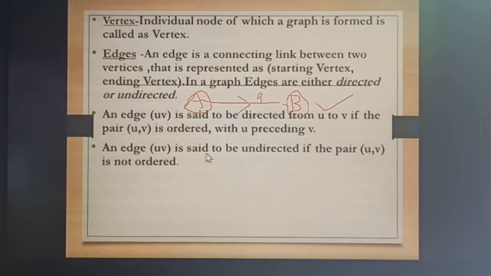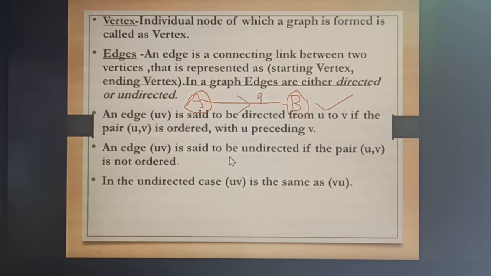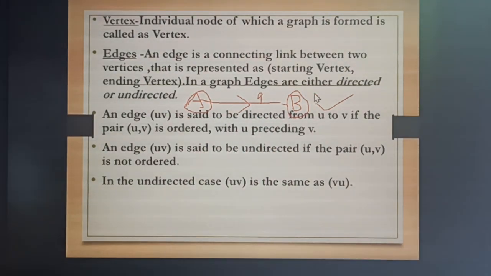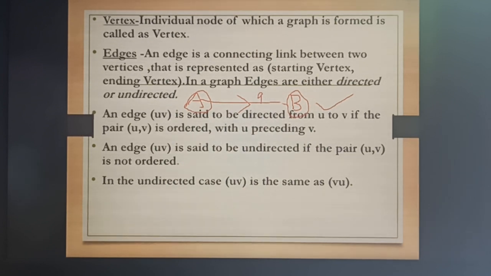Then an edge UV is said to be undirected if the pair UV is not ordered, meaning if there is no direction mentioned above the edge. I have also told that in case of an undirected graph, UV is equal to VU. Here also AB is equal to BA if there is no direction. But in case of the directed graph, it is not like that.